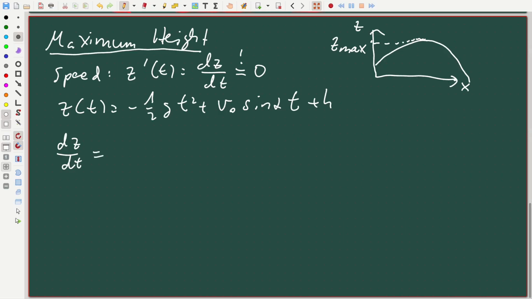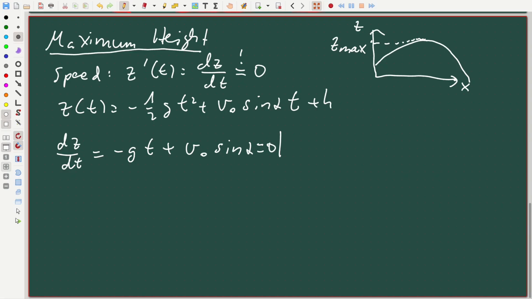So here our 2 cancels out from t squared, which means only minus gt remains. And then plus, here our t vanishes and only the constant v0 sine alpha remains. And h also vanishes because of the derivative. And then in the next step, this has to be equal to 0.